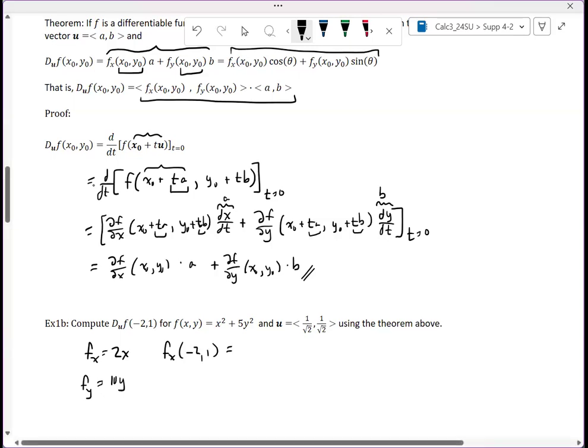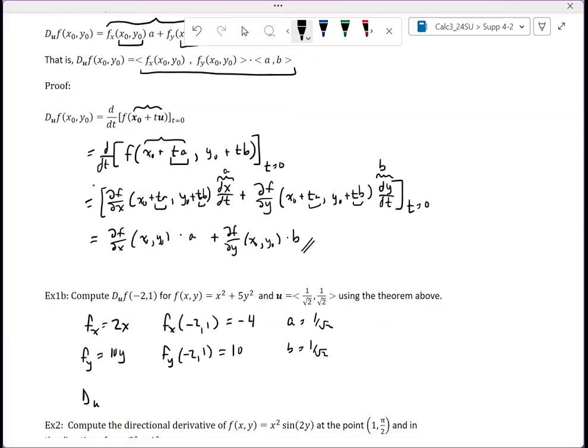So these should end up being numbers, not things with x's and y's floating around in them. So when x is -2, my x partial is -4. And when y is 1, my y partial is just 10. And I also note that a equals 1 over root 2, and b is 1 over root 2.